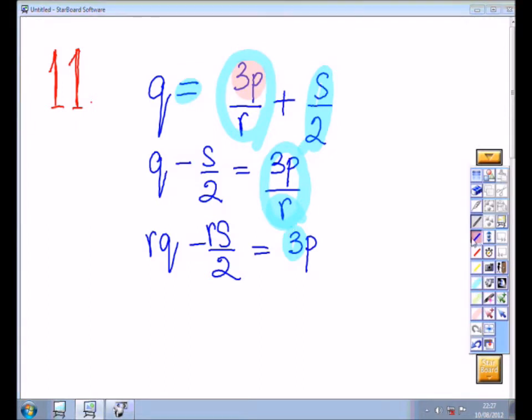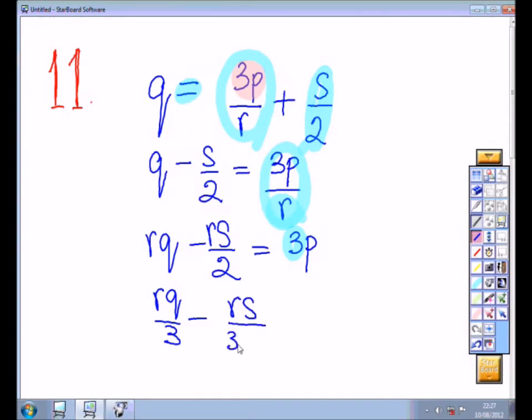We divide both sides of this equation by 3, so that we have RQ over 3 minus RS over 3, and that will multiply the 2 that is already there, is equal to P, because the 3 we are using to divide through will have cancelled out this 3.